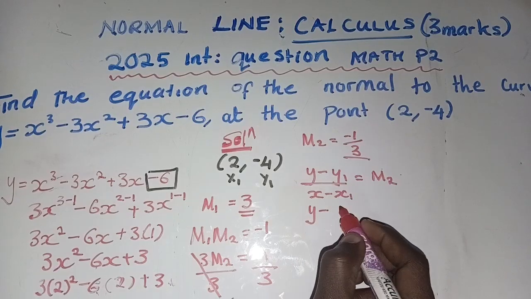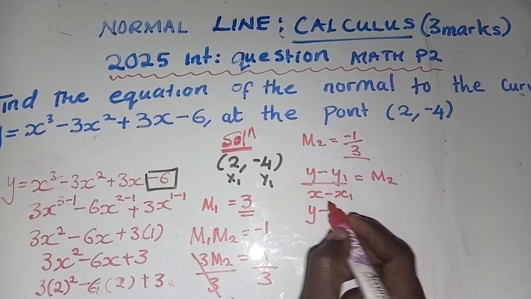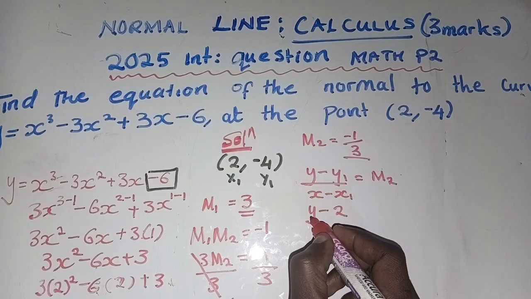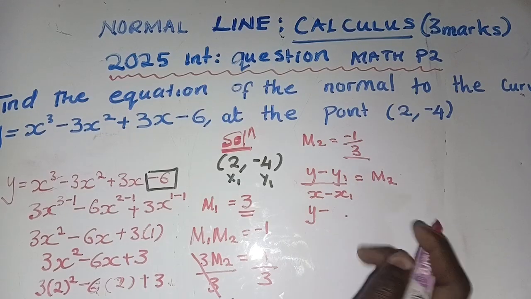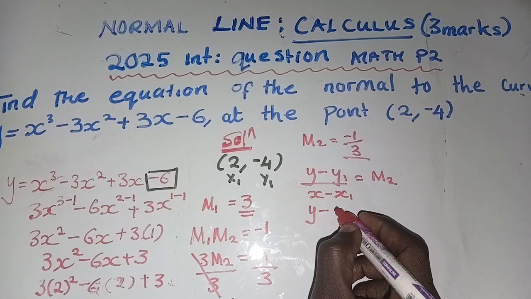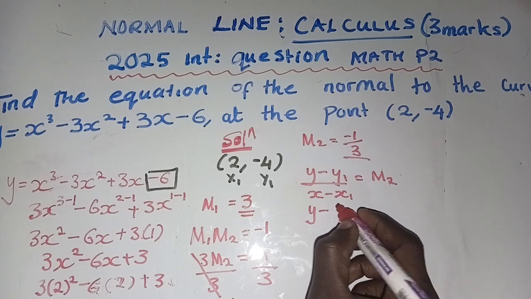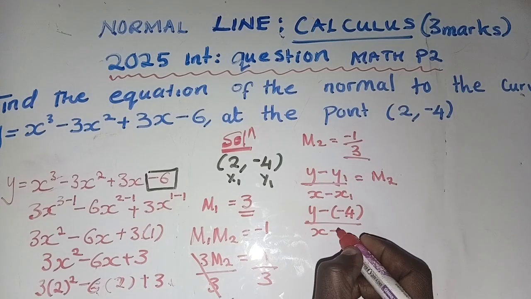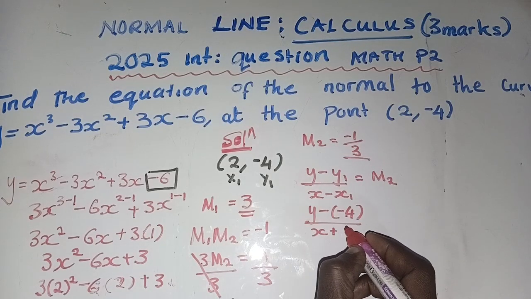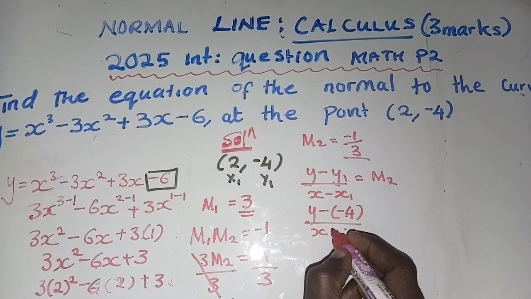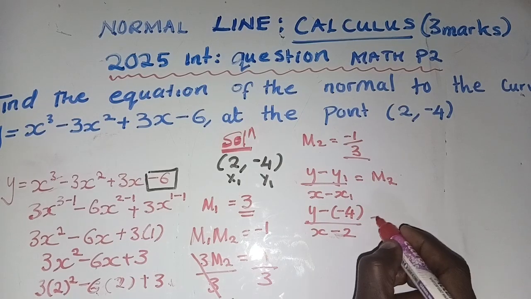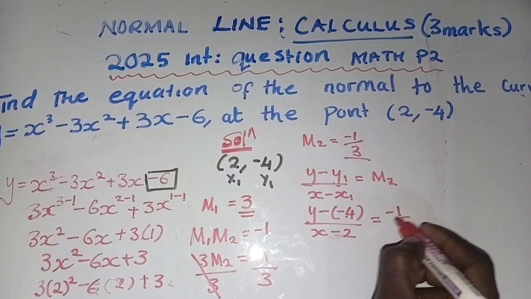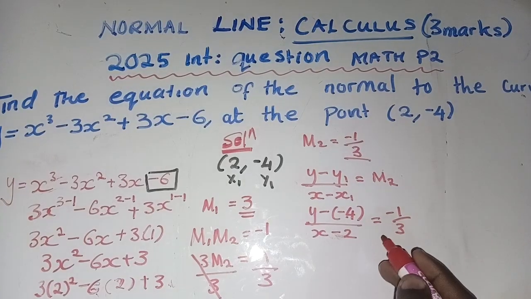What is our y1? Our y1 in this case is negative 4, and our x1 is positive 2. So we have y minus negative 4 over x minus 2, equal to our gradient, negative 1 over 3.